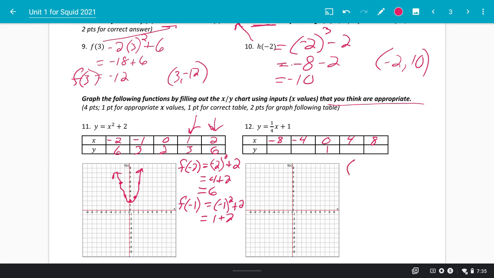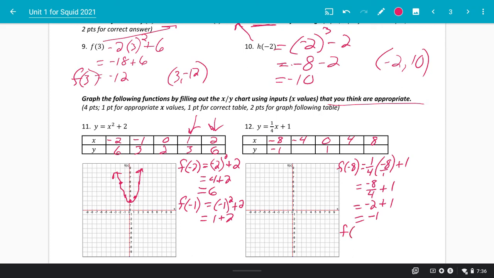Now I got to plug in f of -8. So I got 1/4 times -8 plus 1. Well, that's really over 1, which is -8 over 4 plus 1, which is -2 plus 1, which is -1.